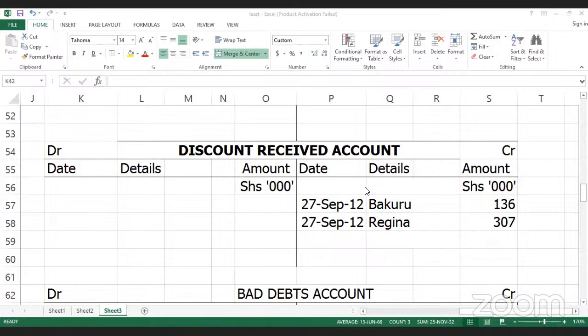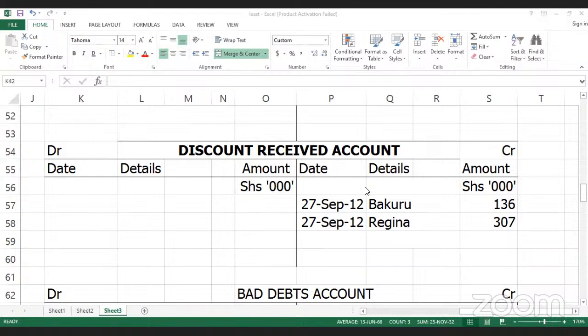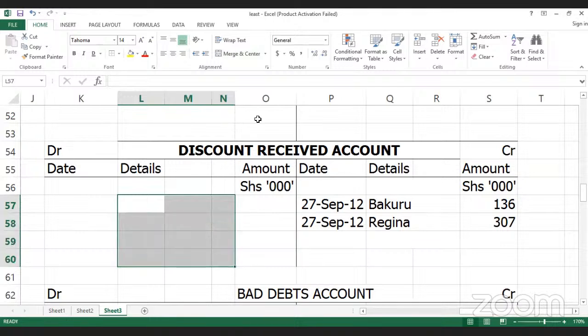The credit side is greater. So our balancing figure has to appear on the debit side. It is an income account. The credit side is always greater for these accounts.